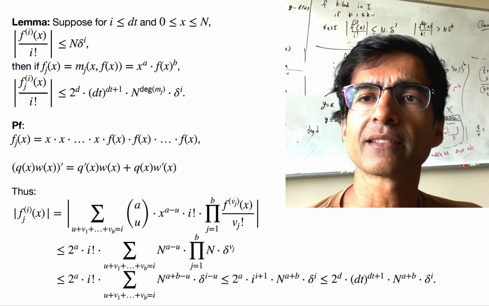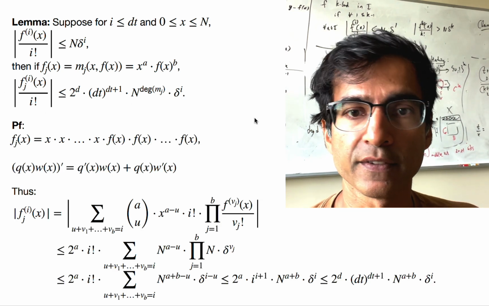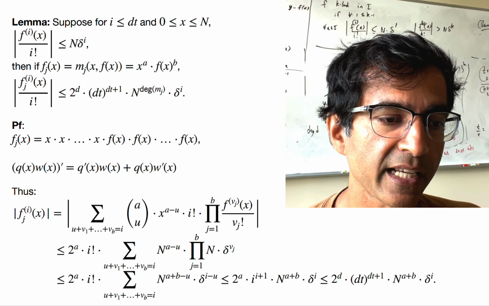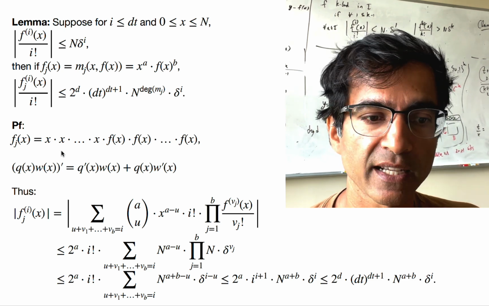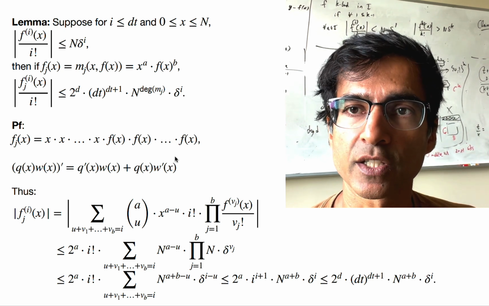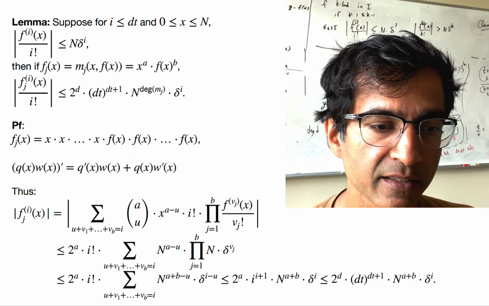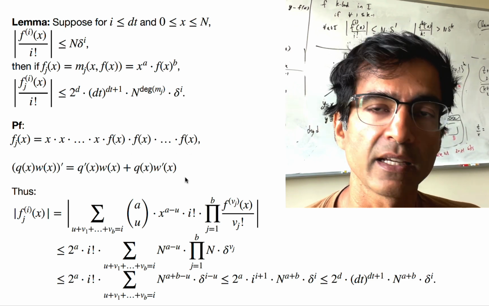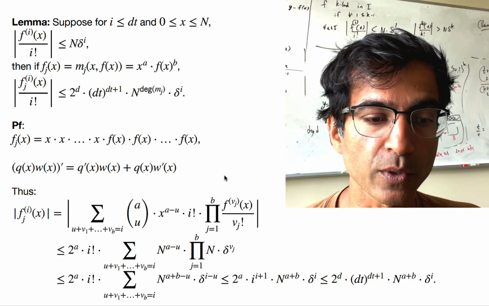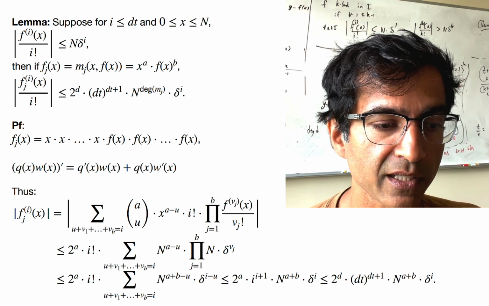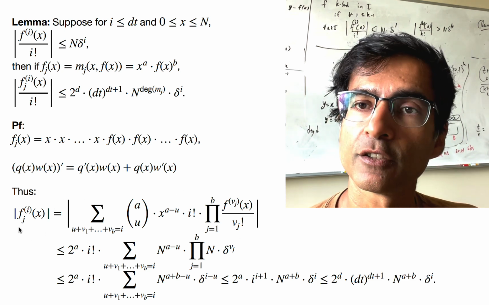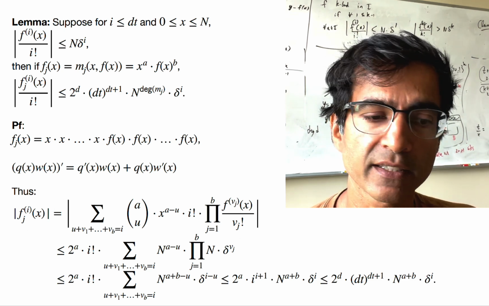And that's a simple application of the product rule of derivatives. So if you think about writing f_j of x as a product of a bunch of x's and then a bunch of evaluations of f of x, a of these and b of these, and repeatedly apply the product rule, you end up with this formula for the magnitude of this ith derivative.